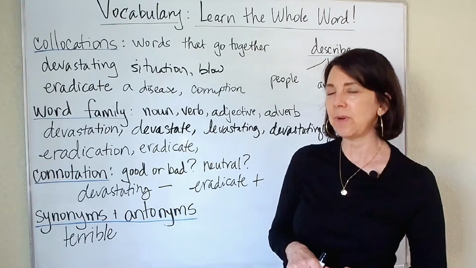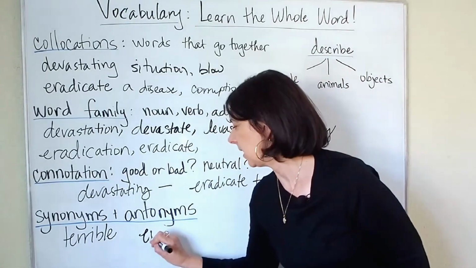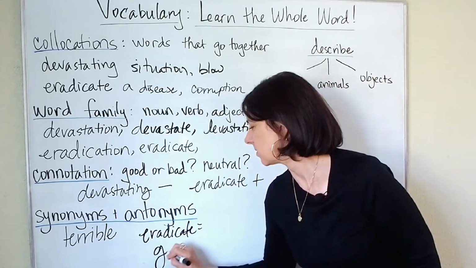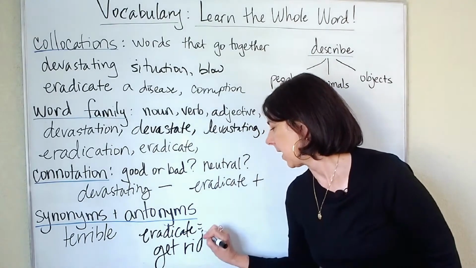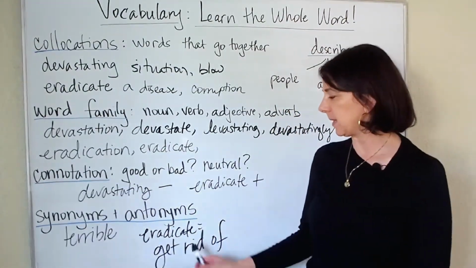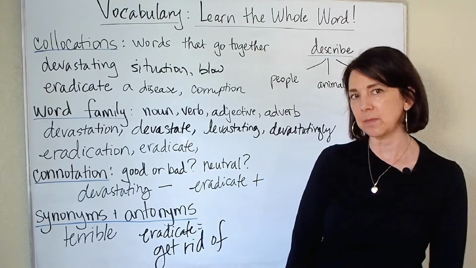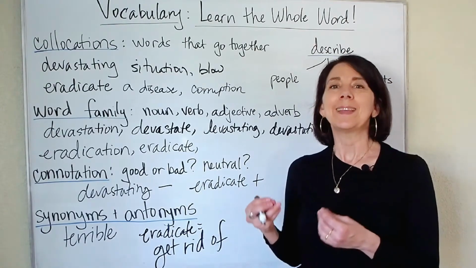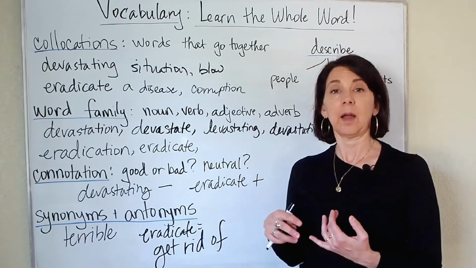And then eradicate, we would probably say that that is the same thing as to get rid of. But you have to be careful because these are not exact synonyms. We use eradicate to describe getting rid of, like I said, a big problem.